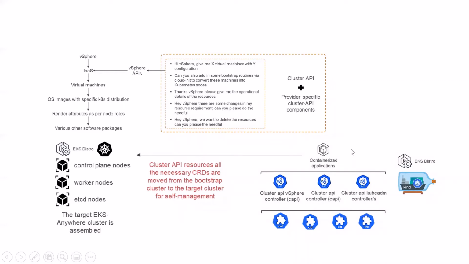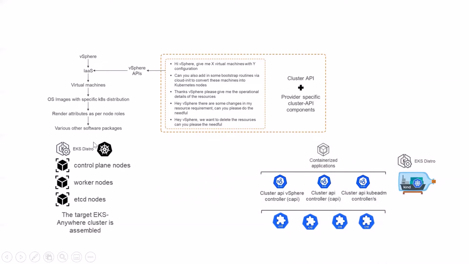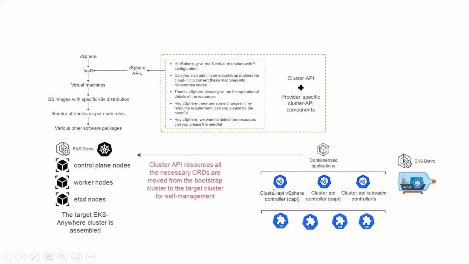Now, what will happen is, once the cluster is assembled and ready in that interim state, or fully ready with the API server loaded and all that, and you can do whatever you want, this set of resources is transferred from this cluster to this cluster, which is your actual workload cluster.